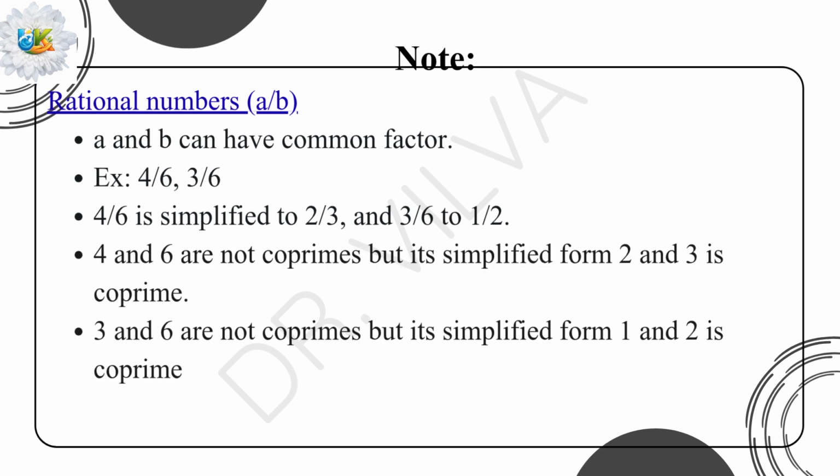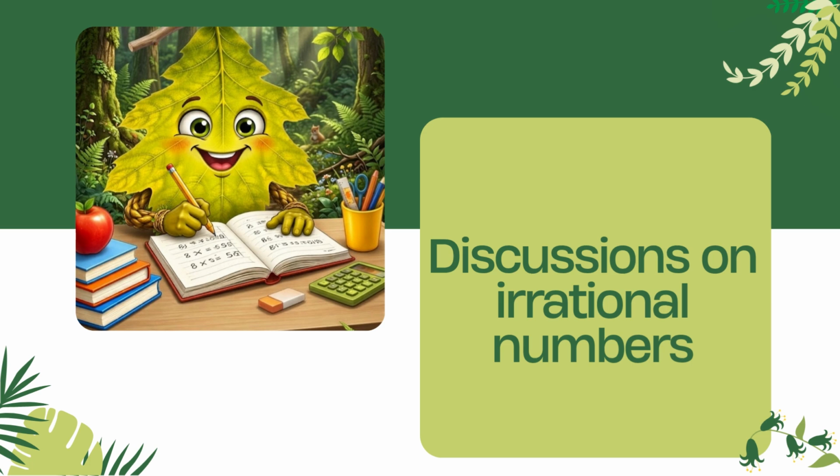For our proofs, we will always assume the rational number is in its simplest co-prime form. Conversely, if a number is irrational, it cannot be written in the form p by q at all. I know that square root of 2 is irrational, a decimal that goes on forever without a pattern.